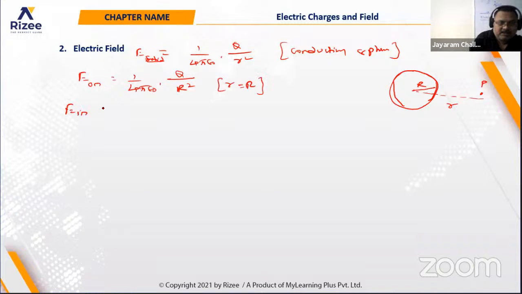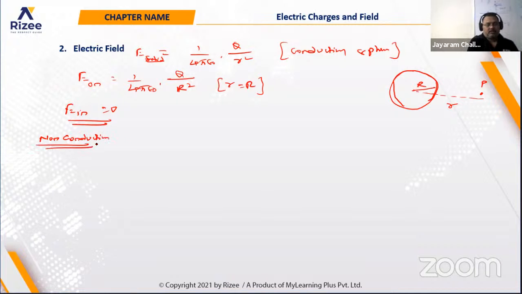Now E inside will be 0 for a conducting sphere. For all conductors, the electric field inside will be equal to 0. Next, for a non-conducting sphere, E outside will be the same as this, that is 1 by 4 pi epsilon naught into q by r square.